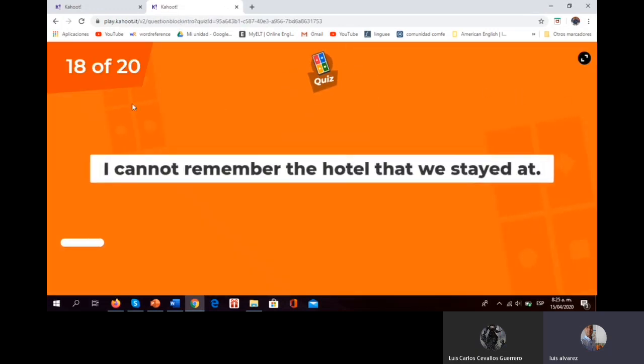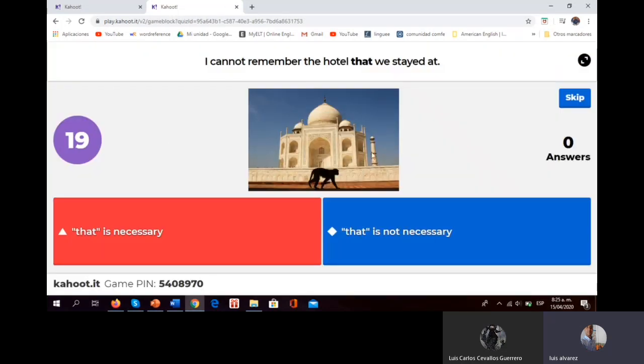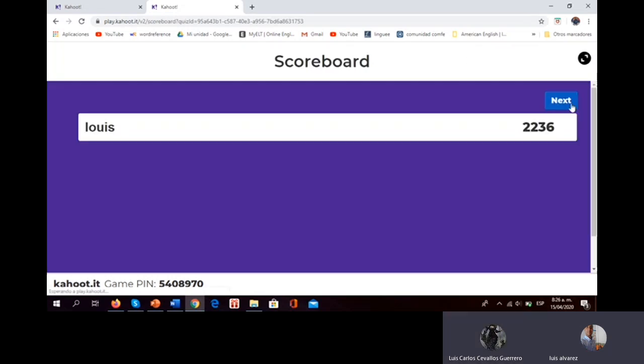Another one. I cannot remember the hotel that we stayed at. That is necessary, or it's not necessary? That is not necessary, because if you say I cannot remember the hotel we stay at, it is a complete sentence.